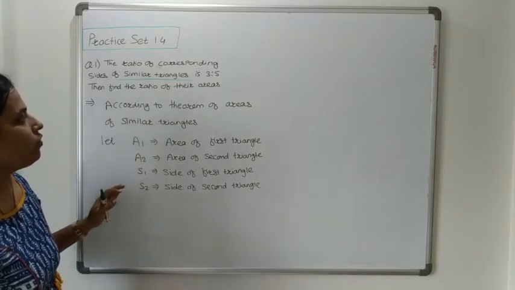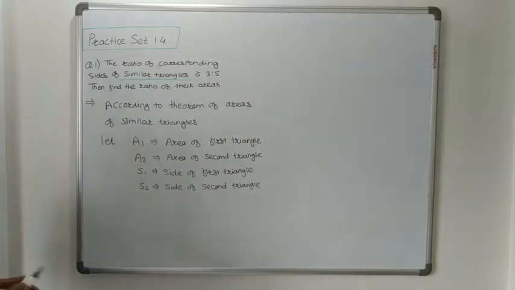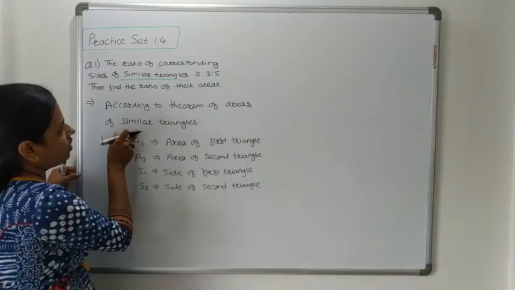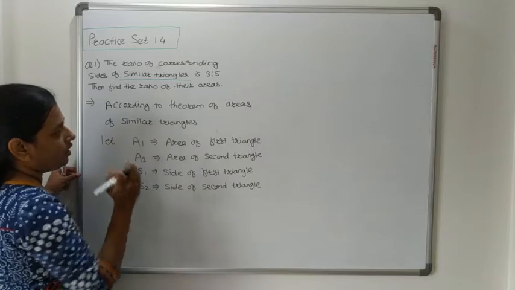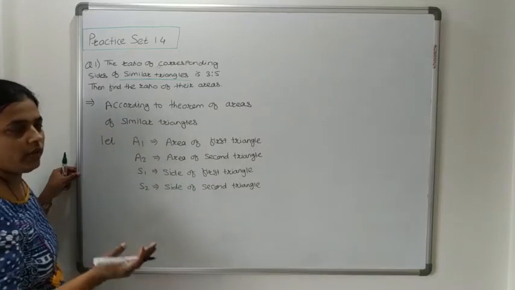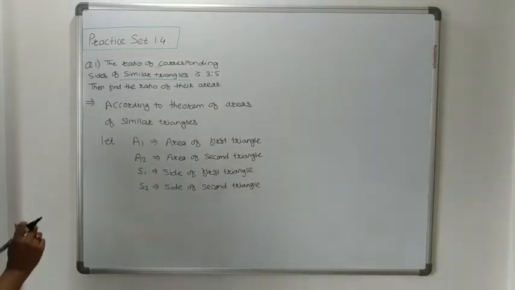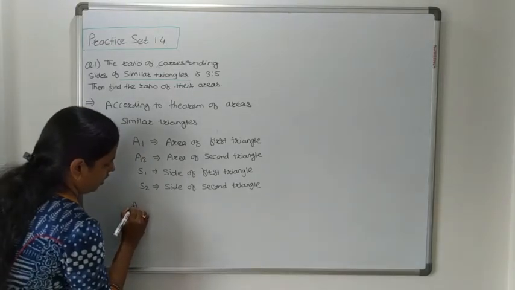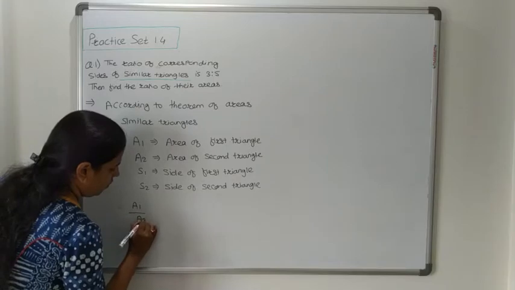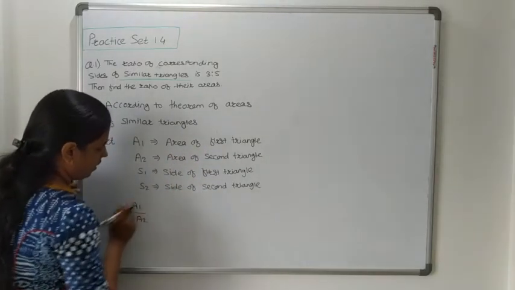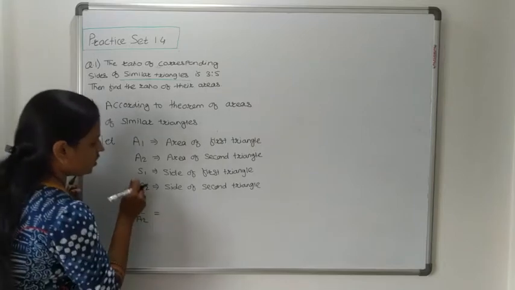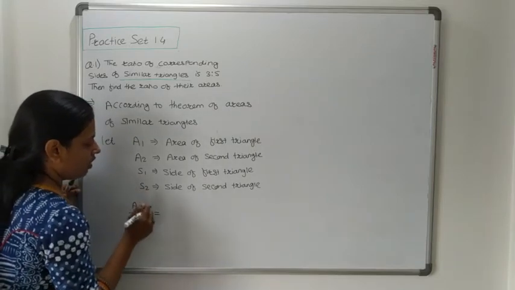Now next, what is the theorem of area of similar triangles? We have to find out the areas of similar triangles, so we have to take the ratio of their corresponding sides squared. So how to write this? A1 upon A2, that is area of first triangle upon area of the second triangle, is equal to the side squared of the corresponding triangle.